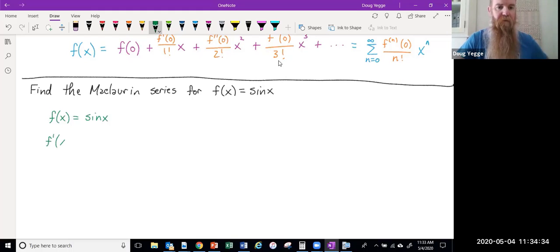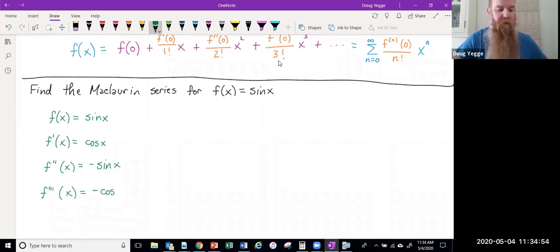So that would mean that f prime of x is equal to cosine x. That would mean that the second derivative is negative sine x. The third derivative is negative cosine x.